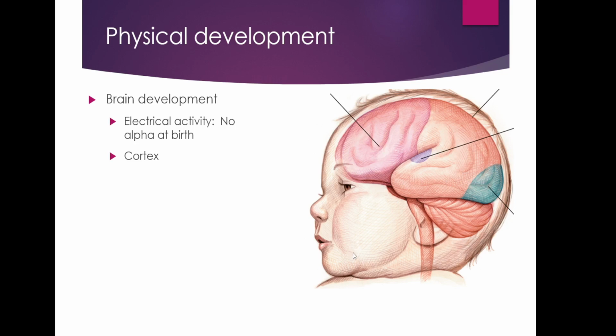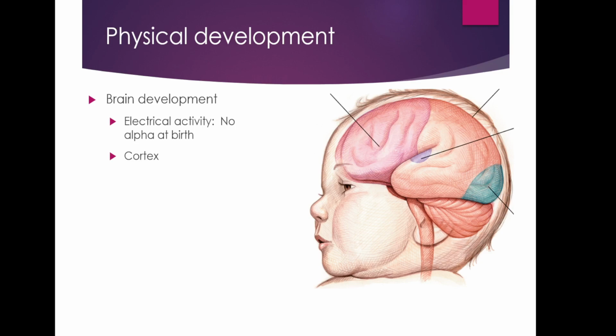It's about a few millimeters thick, and it contains billions of neurons. But at birth, it contains more neurons than you're going to have as an adult. In fact, between birth and 4 years, you're going to grow even more neurons in your cerebral cortex. After age 4, they'll start to prune back.